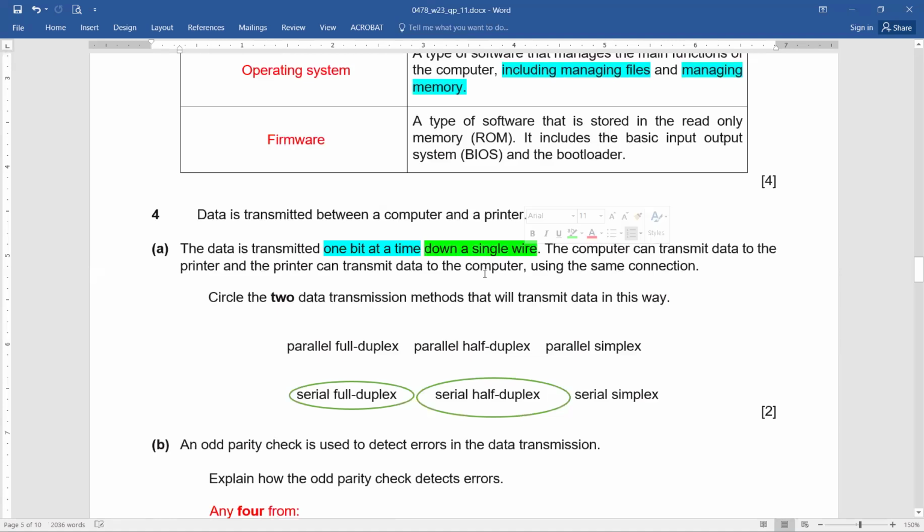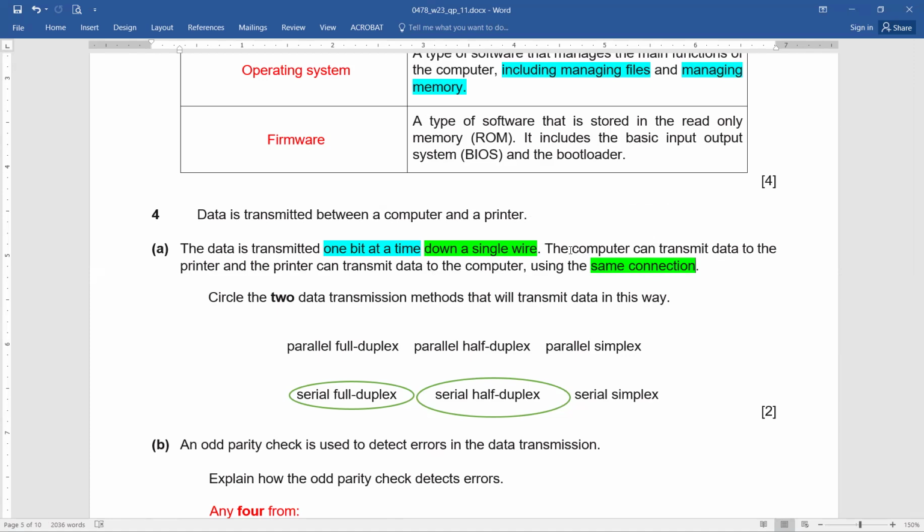Now, the computer can transmit data to the printer, and the printer can transmit the data to the computer using the same connection. It means they are talking about, now be very clear and circle the 2 data transmission methods that will transmit the data in this way.